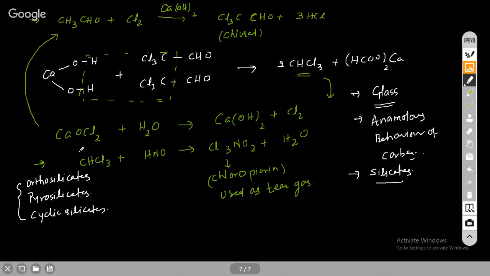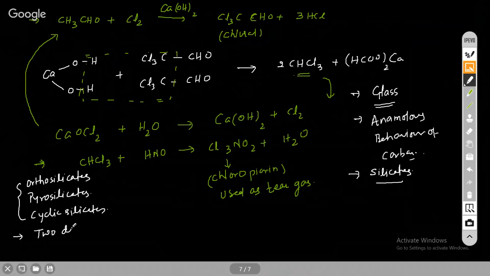Basically the silicates structure is given in NCERT. You just go through. In this only, when you see the structure, there is one more thing that we call infinite chain silicates and then two-dimensional sheet silicates.